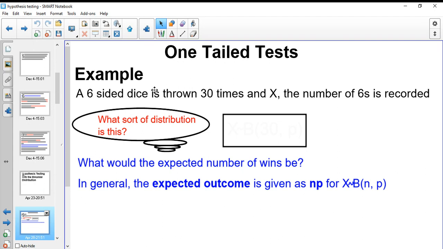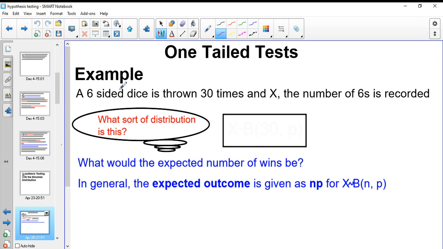A six-sided dice is thrown 30 times and X, the number of sixes, is recorded. Now, what sort of distribution is this? Well, this is a binomial distribution, so all the questions that you do will be of similar variety.